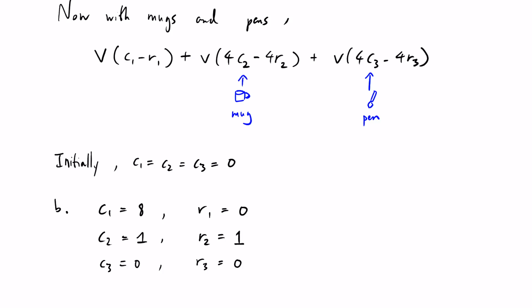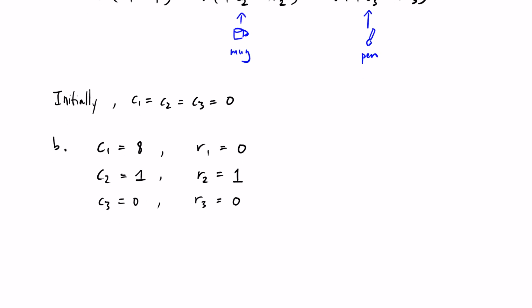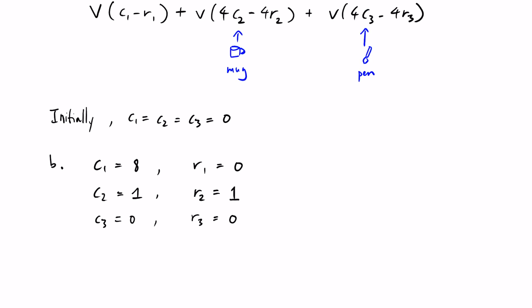Calculate his selling price by writing down his reference point, solving for the price P that makes him indifferent between keeping the mug and receiving nothing, and giving up his mug and getting some money. So we're now looking for a selling price, and I'm going to call that PS.